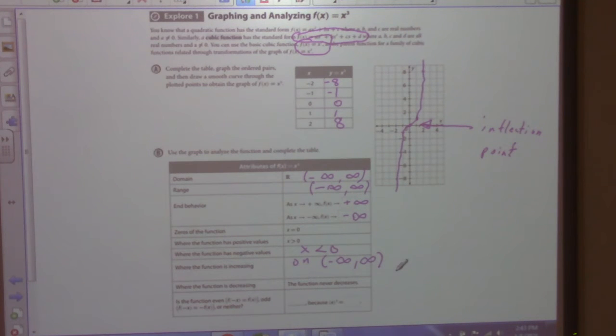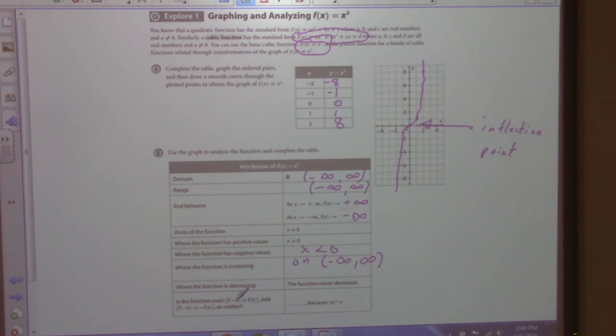And then verbally it says where the function is decreasing, the function never decreases. And then the very last row there asks whether the function is odd or even. And then it gives little explanations of what they are.